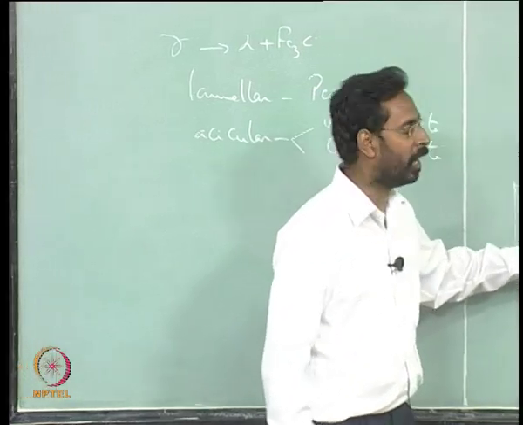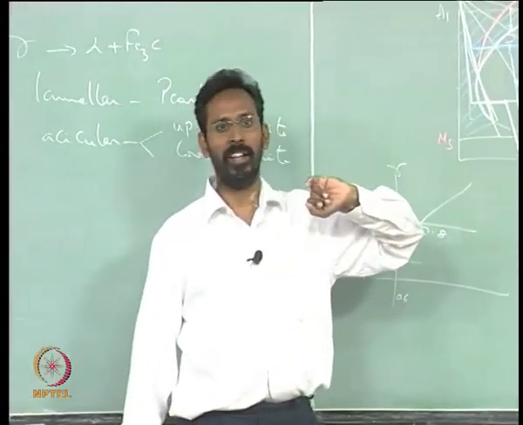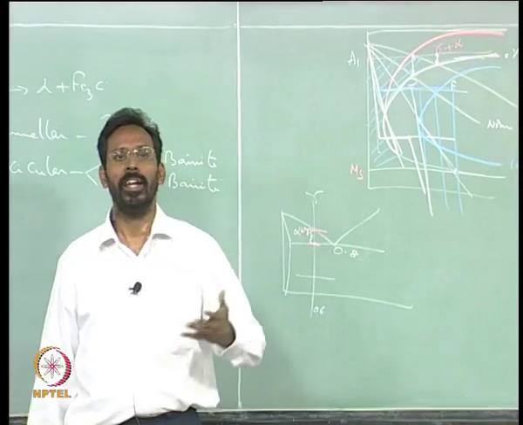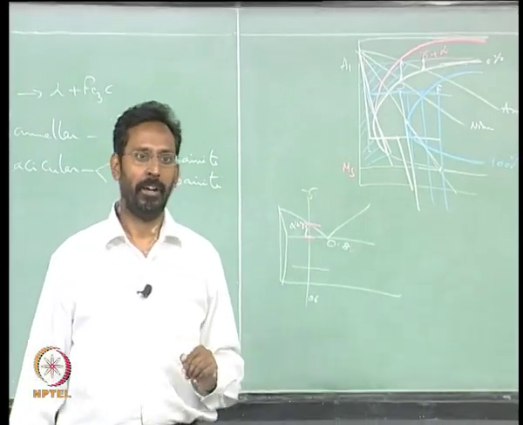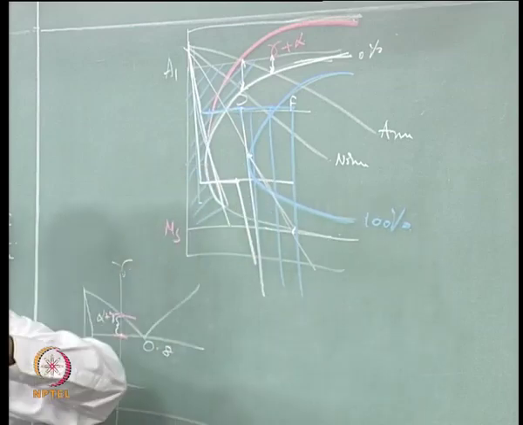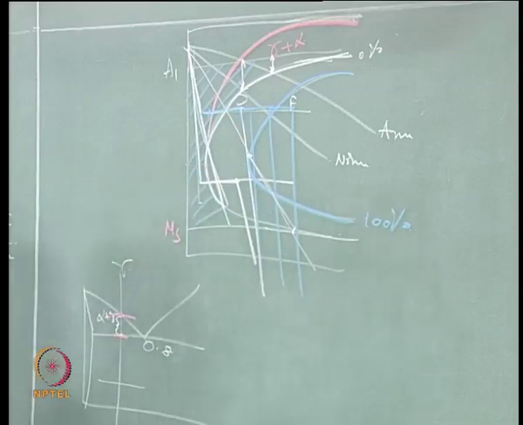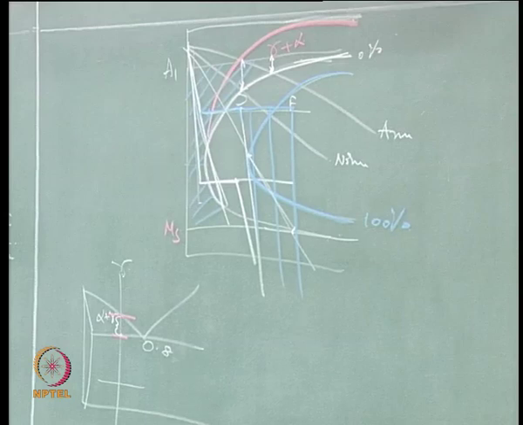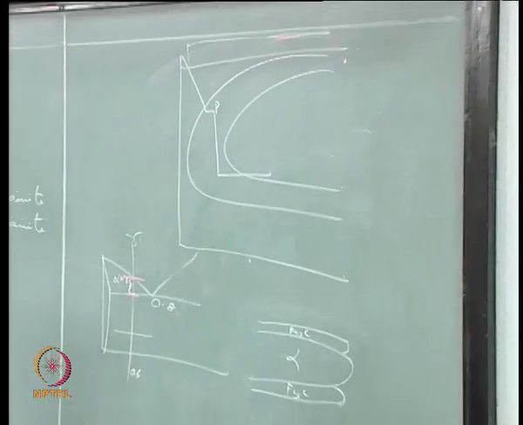Anyway, coming back here, so there are possibilities where you may not even get a ferrite, a pearlite phase, and straight away get a pearlite, depending on the actual cooling rates that we are adopting. Fine.